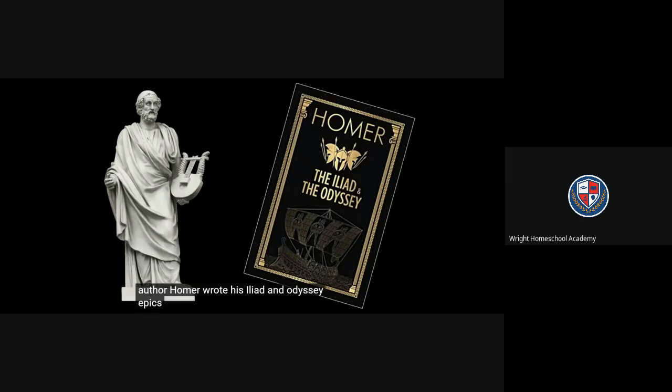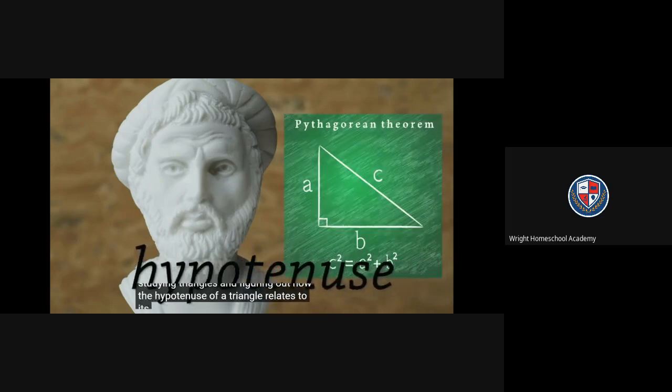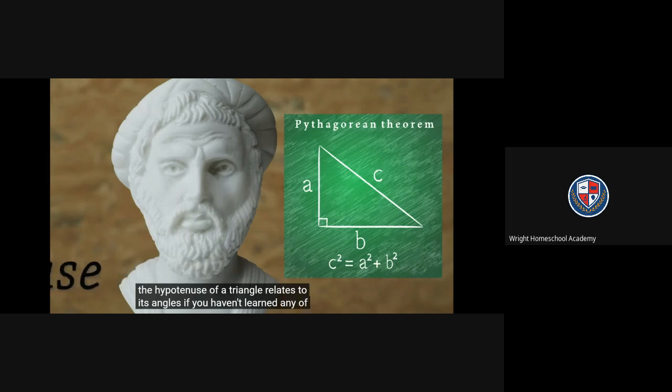Also during this period, the famous author Homer wrote his Iliad and Odyssey epics, which are still read widely today. During the Archaic period, mathematics really kicked into high gear when Pythagoras came along. He was famous for studying triangles and figuring out how the hypotenuse of a triangle relates to its angles. If you haven't learned any of that yet in school, then it's all Greek to you.